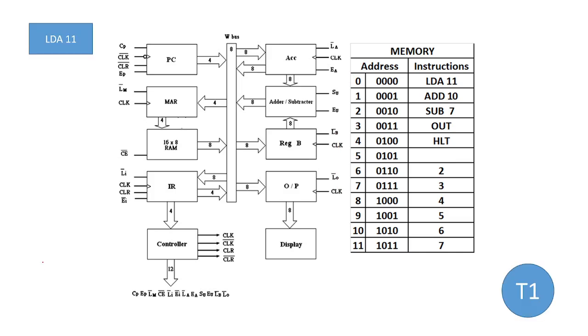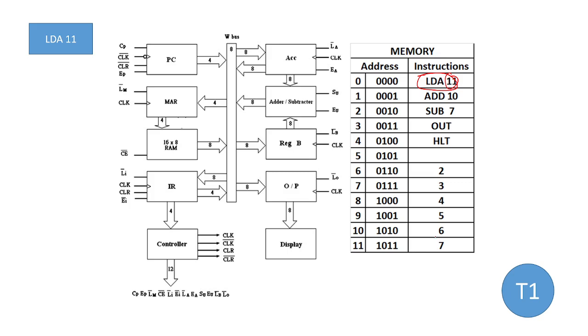So first, let's start here at the first instruction, which is LDA 11. LDA means load, and the 11 here is the memory address we are going to fetch the data content from.